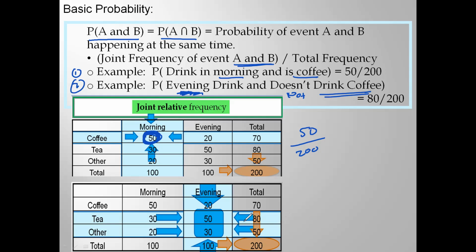So in that situation, we had two things to add up for not coffee. It was 50 for tea and 30 for other, divided by still our total of 200, giving us a probability of 80 over 200. And so that's what joint frequency is. We're looking for an and statement that is an overlap.